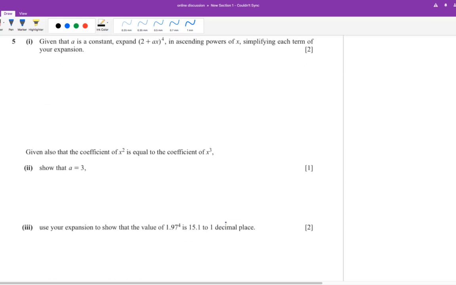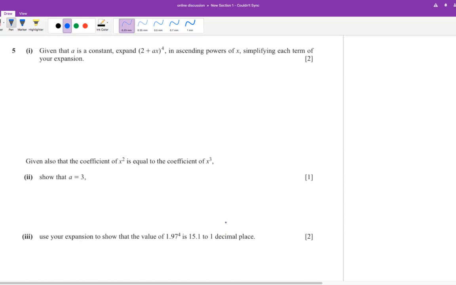Given that a is a constant, expand this in ascending powers of x, and simplify each of your expansions. This one doesn't say first 3 terms or first 4 terms, so what you need to do right now is expand everything. I hope you know how to expand (2 + ax) to the power of 4.